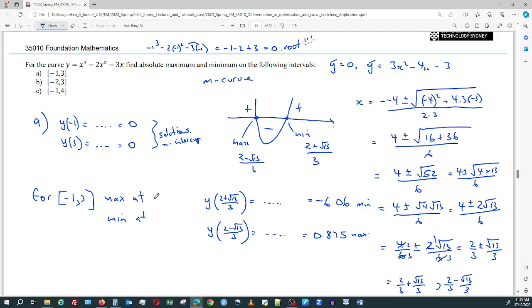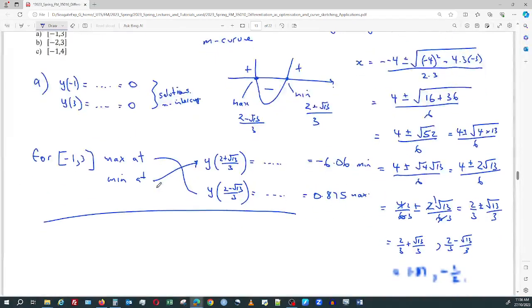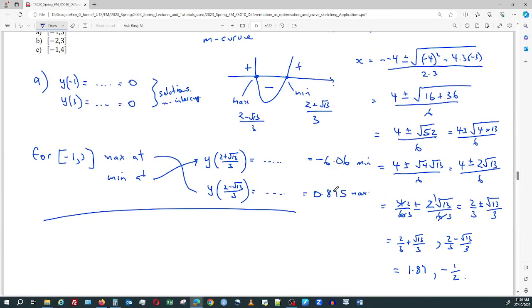So the max is this one and the min is this one. They're the X values. That's your solution to A. So you've got to go through and repeat that all for B. The only thing we don't have to repeat are these.